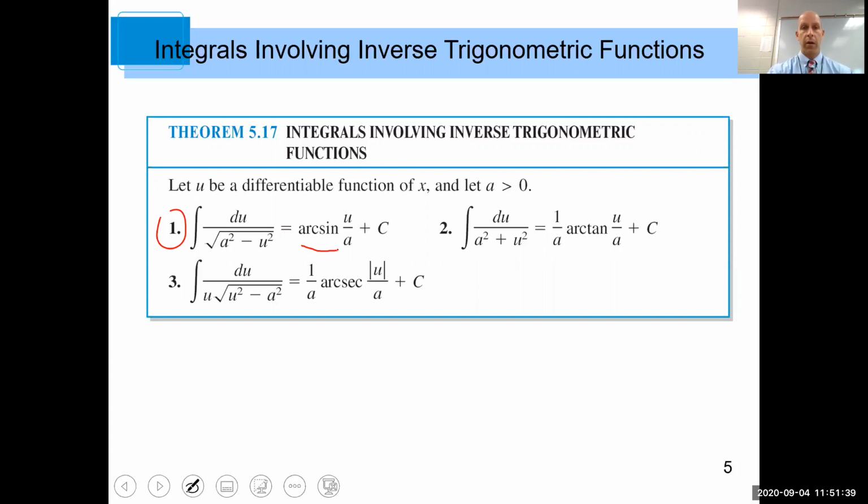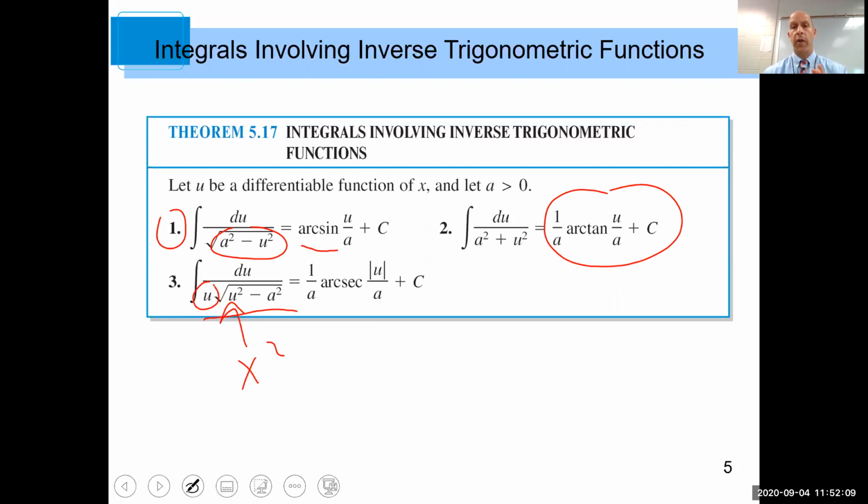So we've got the arcsine when we have the square root of a squared minus u squared in the denominator. If there's no square root and it's just a squared plus u squared, that's going to be the arctan plus c. And then, of course, if we have the square root, notice that this is the variable term like x squared, where here it's a constant squared minus the variable term squared. And you should also notice that there's a u on the outside there.